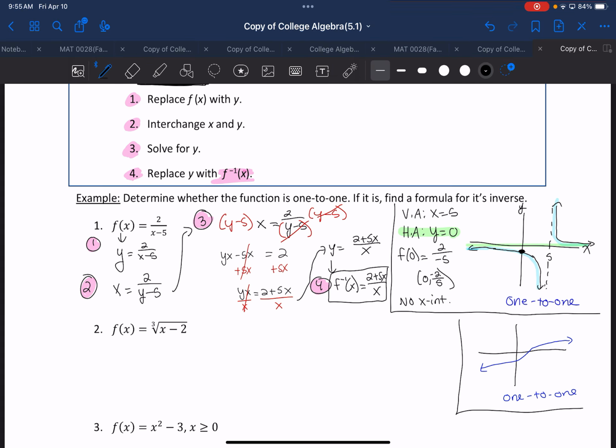Okay, so now we're going to follow these steps to find the formula for its inverse. So the first step, again, is just to replace f of x with y. Step 2 is to replace the y's with x and replace the x's with y's.